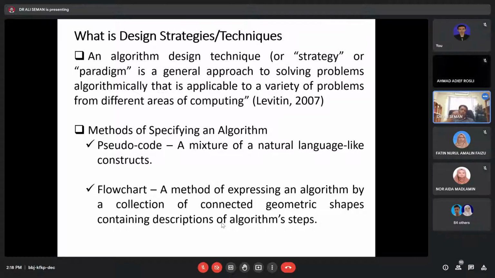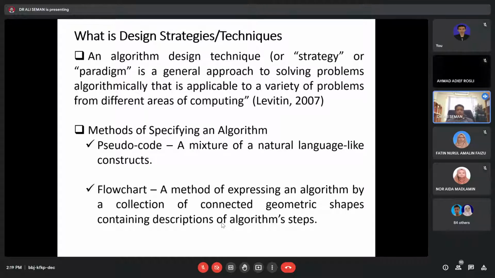We have the input, the process, and the diamond that describes the condition. Those are the geometric shapes you may use to visualize the steps with certain conditions so that we can understand the process of the algorithm.